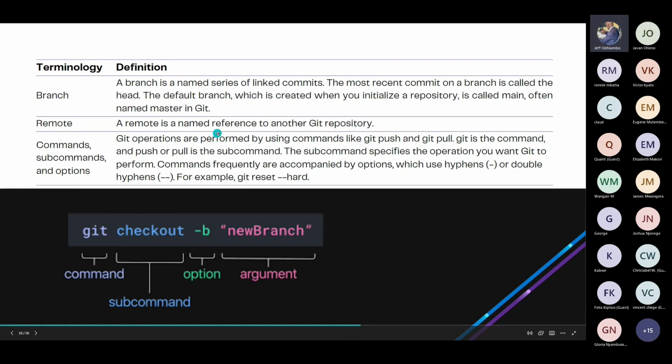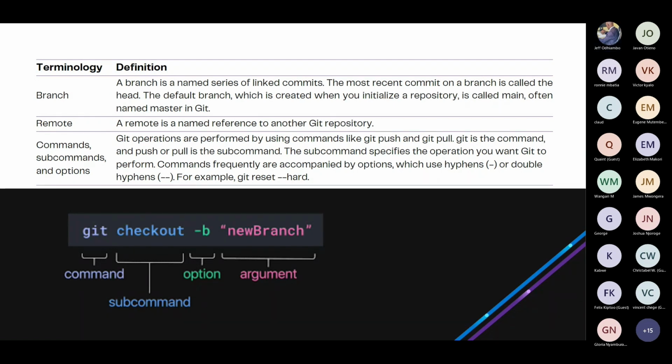And when we talk of a remote in Git, a remote is a name referencing another Git repository. So for example, you have your repository on the local machine, and there's another remote repository in the cloud, for example in GitHub. So GitHub is a cloud platform acting as the remote.